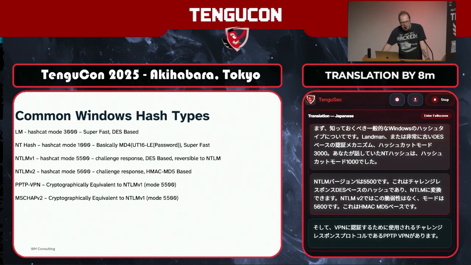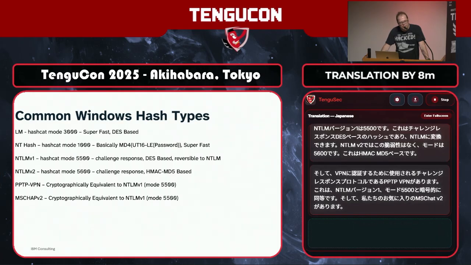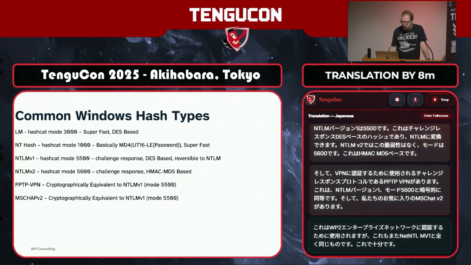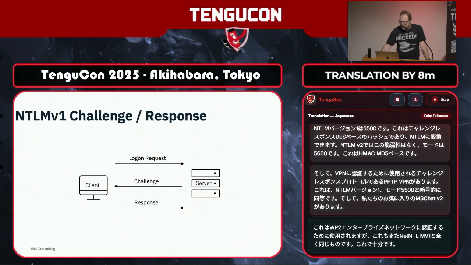Then our favorite, MSCHAP-v2, is used to authenticate to WPA2 enterprise networks. And it, again, is the same thing as NetNTLMv1. Oddly enough, the MS stands for Microsoft, so go figure. Now, the NTLM version 1 response process looks something like this.